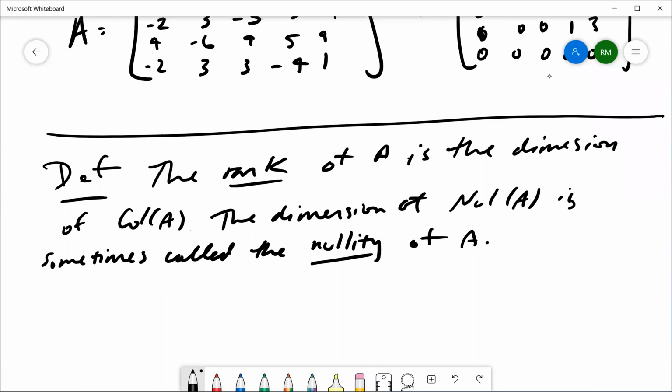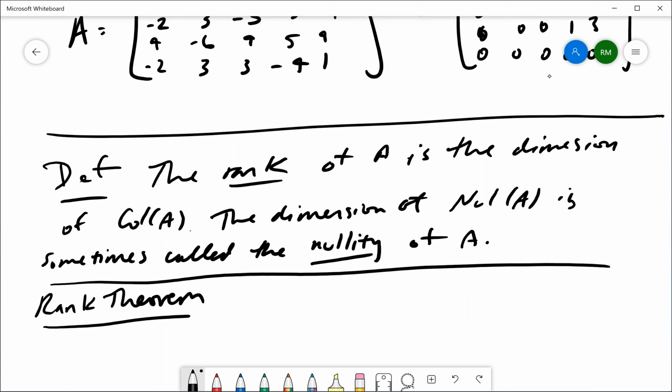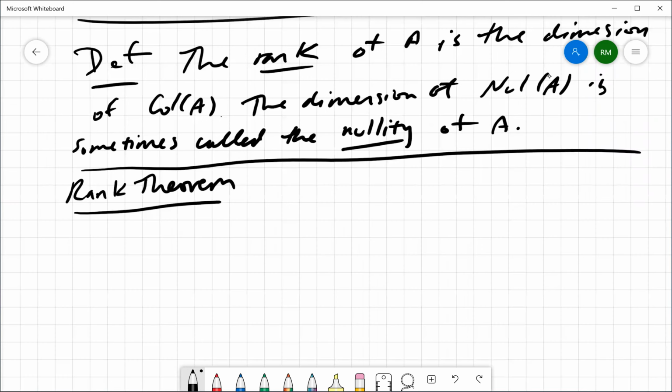So this gives us what's called the rank theorem, which tells us the following.